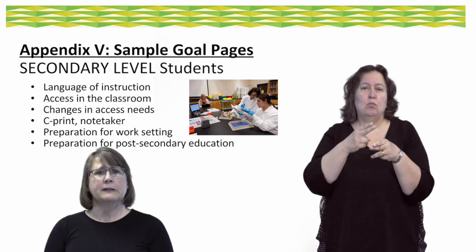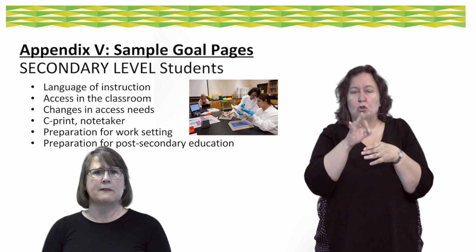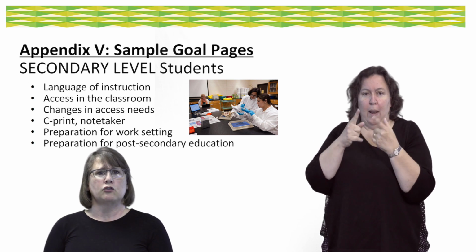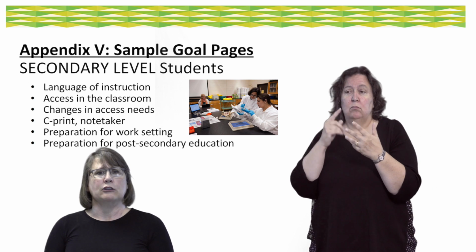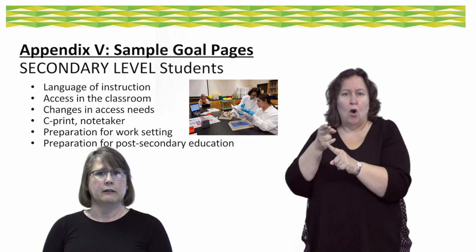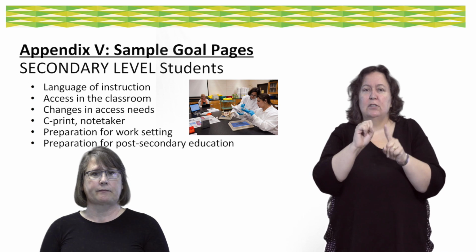These include a brief summary of the student's hearing loss, including functional listening evaluation results where appropriate, the language of instruction as well as home language if applicable, educational background, and the impact of being deaf or hard of hearing has on access in different settings.